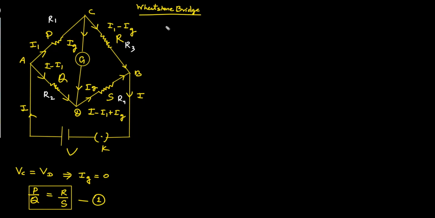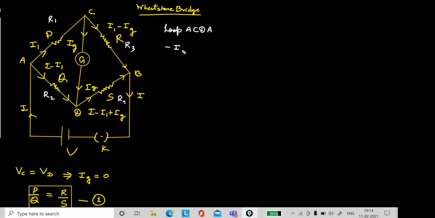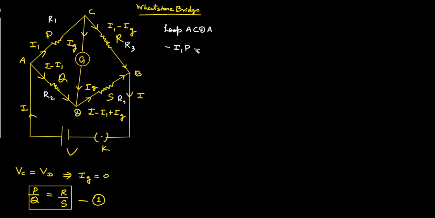So now first of all I am taking the loop A, C, D, A. From A to C in the direction of current it is negative I1 P. Then from C to D in the direction of current, Ig into the resistance of the galvanometer.